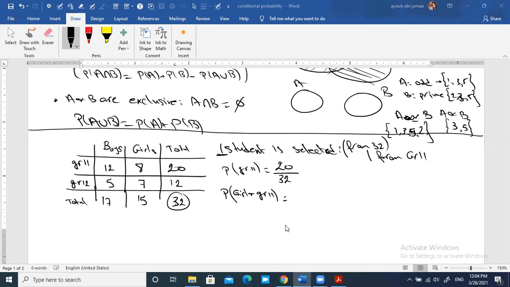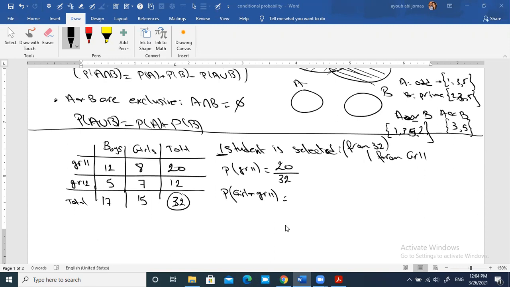Another one. What is the probability that the selected student is a girl and from grade 11? Here don't go to multiplication and invent, because I'm saying it's the same outcome. The outcome here is one student.